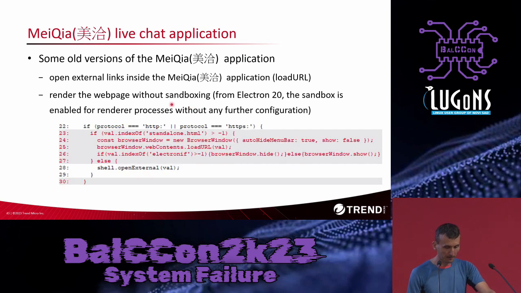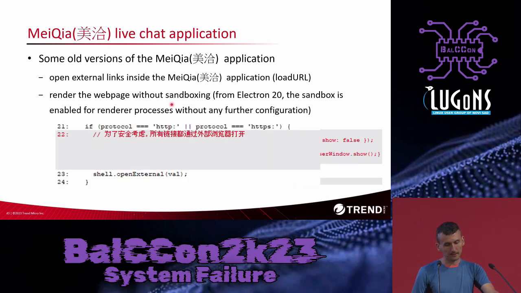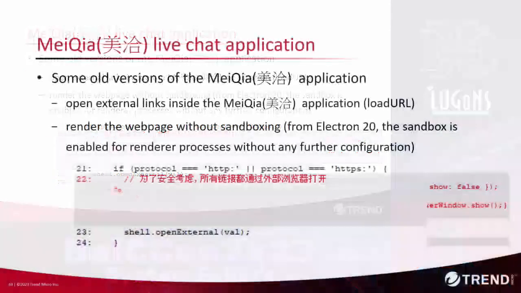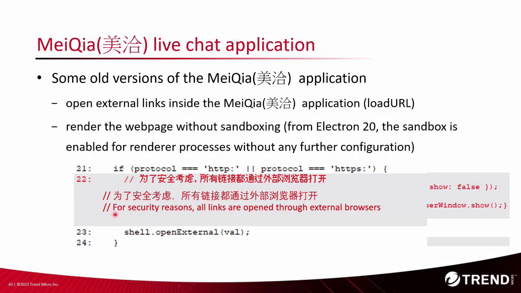In the newer versions, the developers of the Meiqia application probably noticed this vulnerability, and they inserted this command in the source code, which after translation means: for security reasons, all links are opened through the external browser.